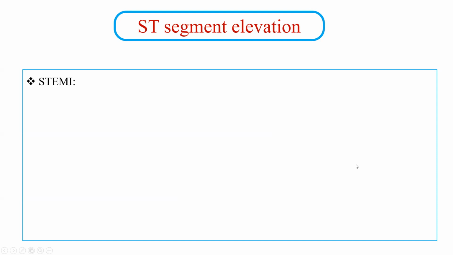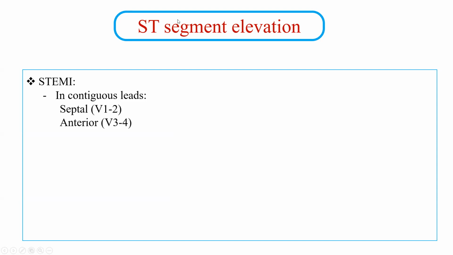For a patient to have a STEMI, the ST segment elevation should be in contiguous leads. That being said, if the ST segment elevation is in V1 and V2, remember that these two leads are looking at the septum of the heart, so you have a septal infarct.